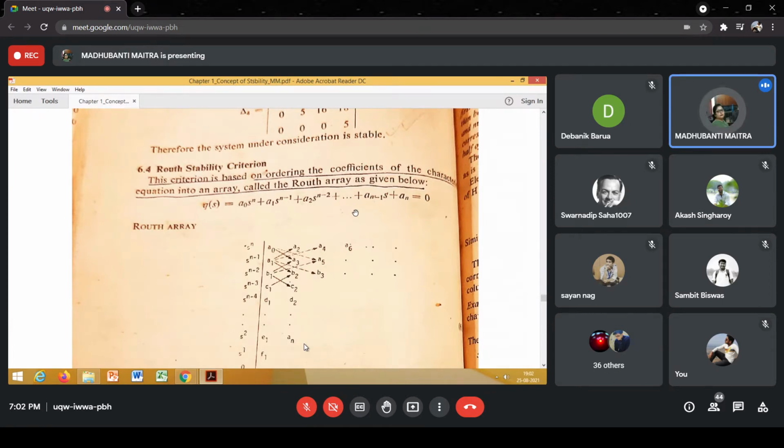So suppose this is a fifth order system. So how many coefficients will be there? If n is equal to 5, how many coefficients will be there?